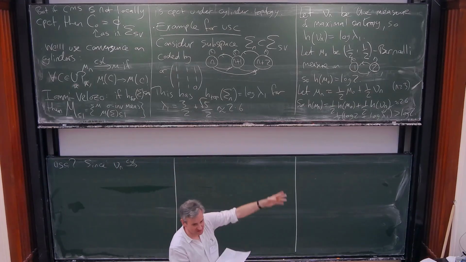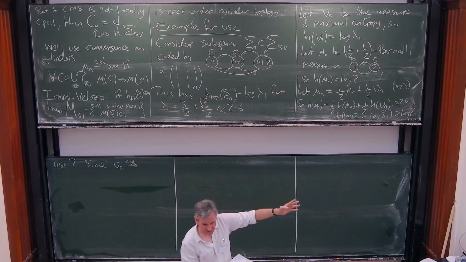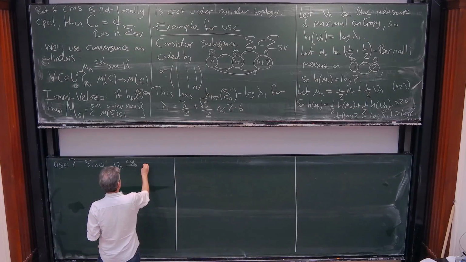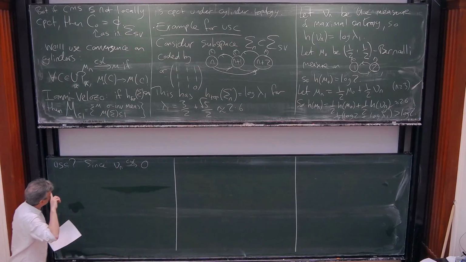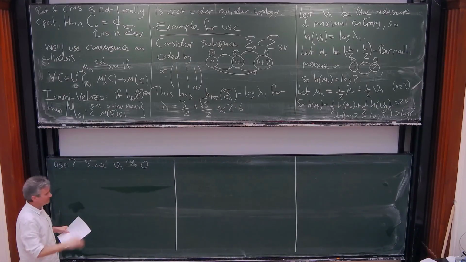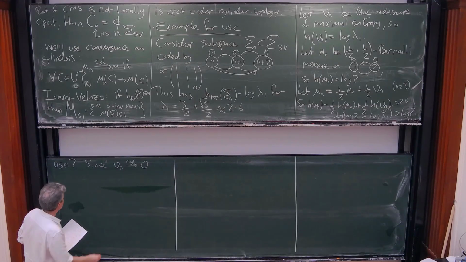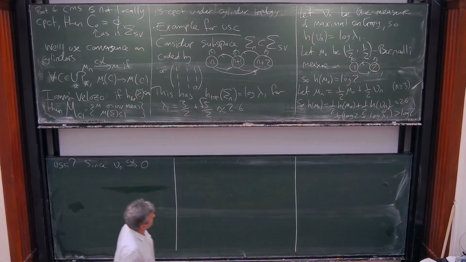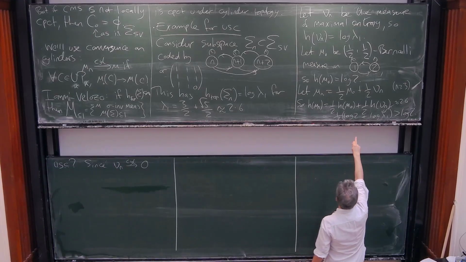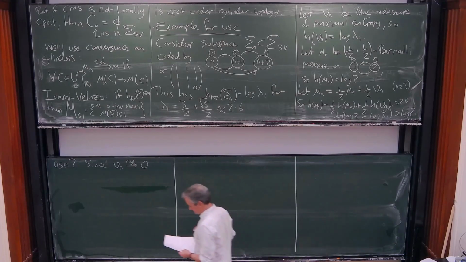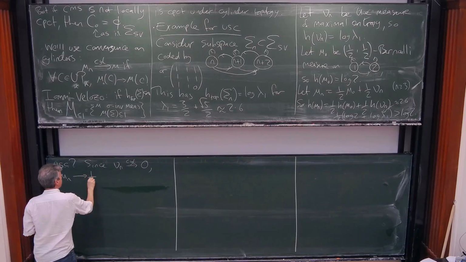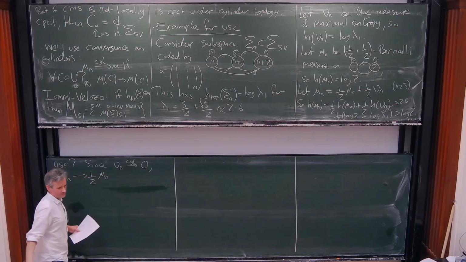As n gets bigger and bigger, that goes off to infinity. So for any cylinder that you pick, eventually its mass is going to go off to 0 as n goes to infinity. That means that if you're looking at mu n, the only thing you've got left is this half mu 0. So mu n converges to half mu 0.